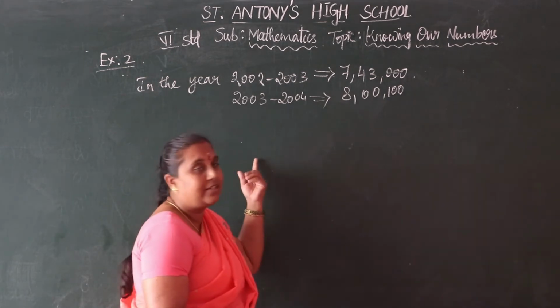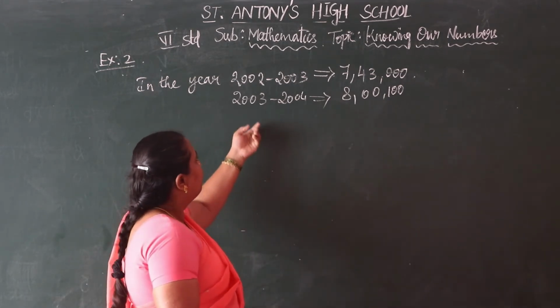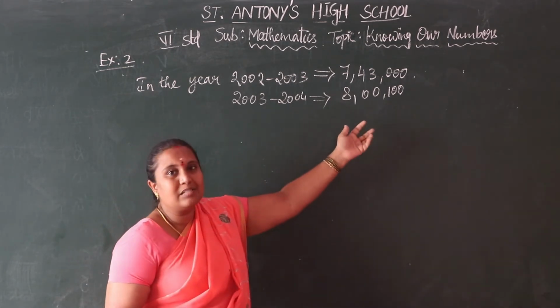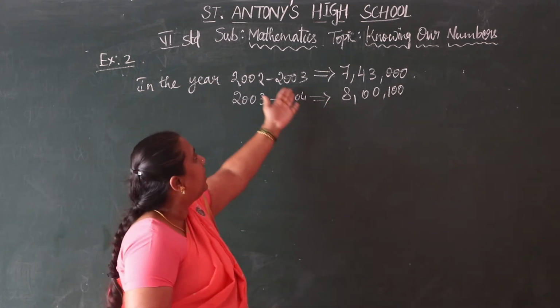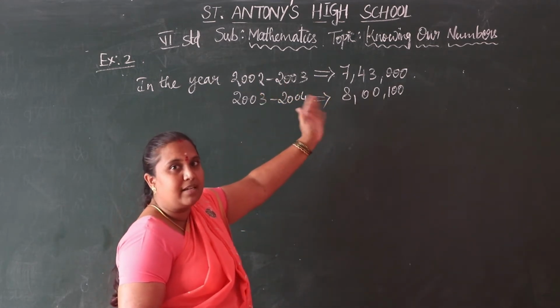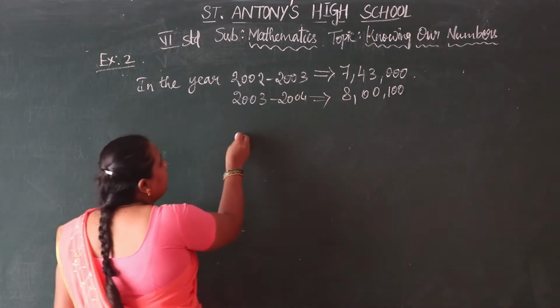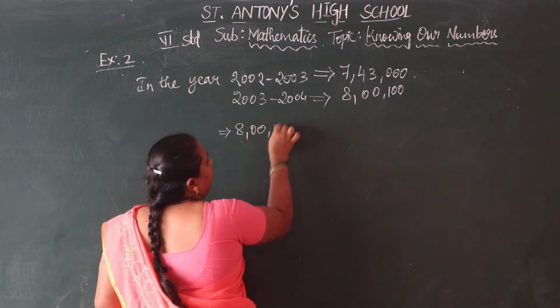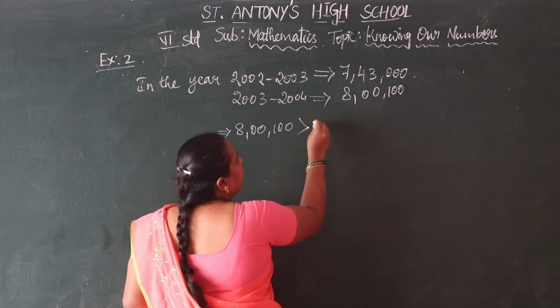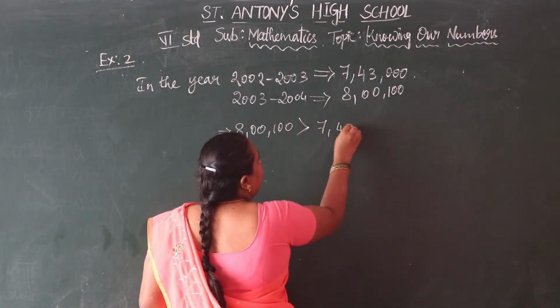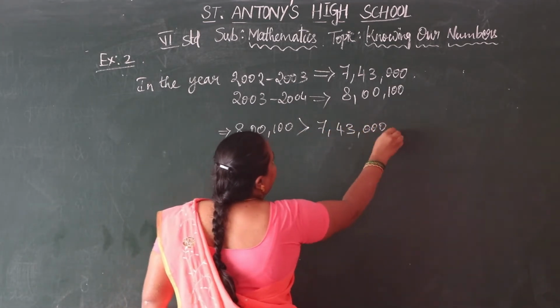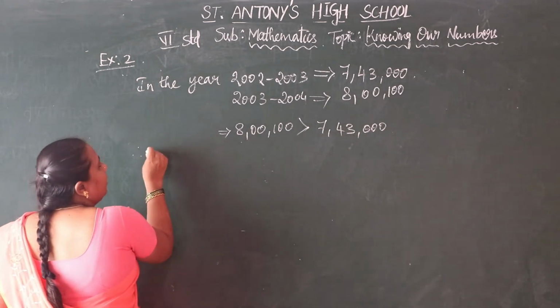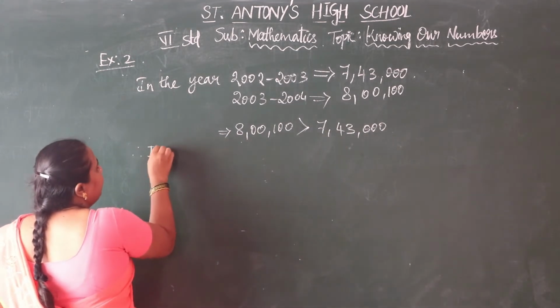We want to find out first. 2003 and 2004 is more than the 2002 and 2003 bicycles sold. That is how to write: 8,100,000 is more than 7,43,000.